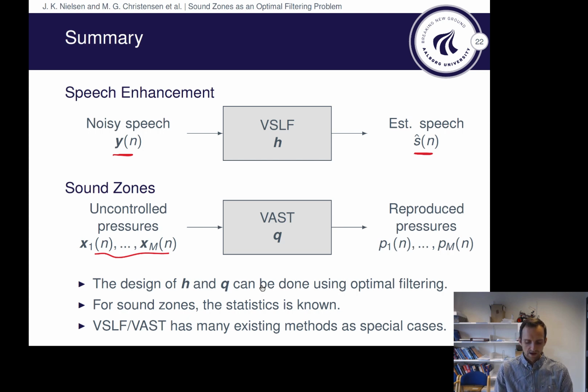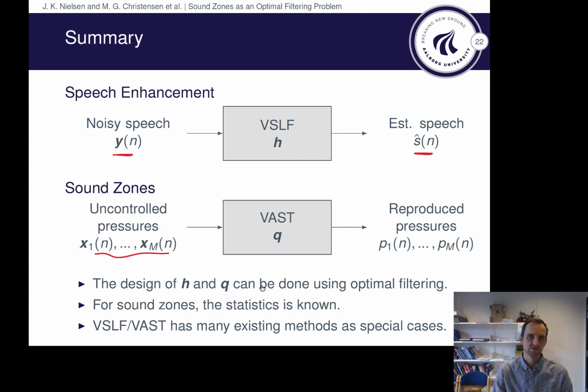The main difference between these two cases is that for sound zones you know the statistics, and that makes it much easier to produce a good solution than in speech enhancement where the statistics are unknown.